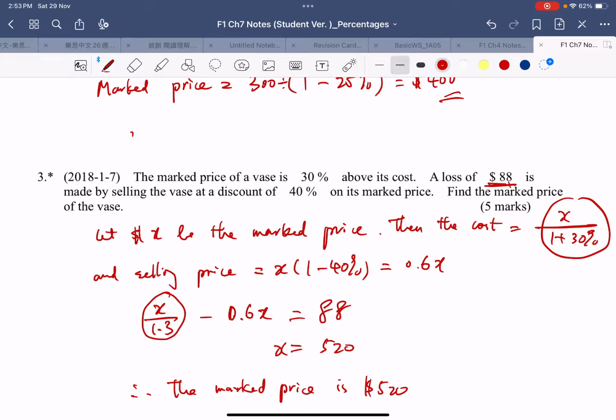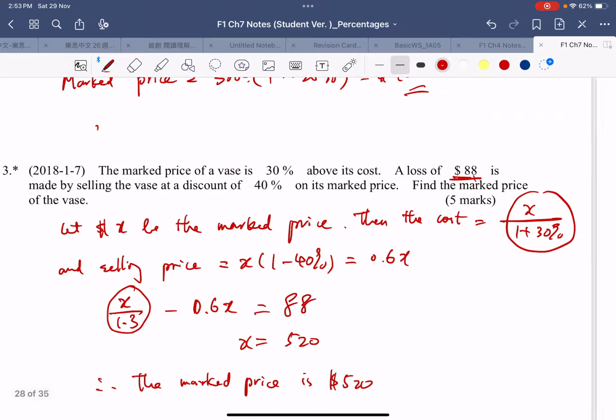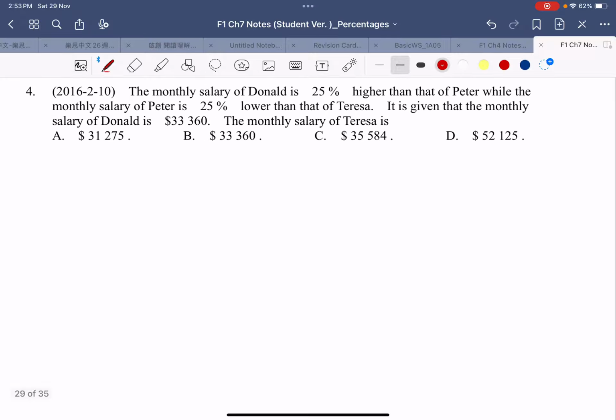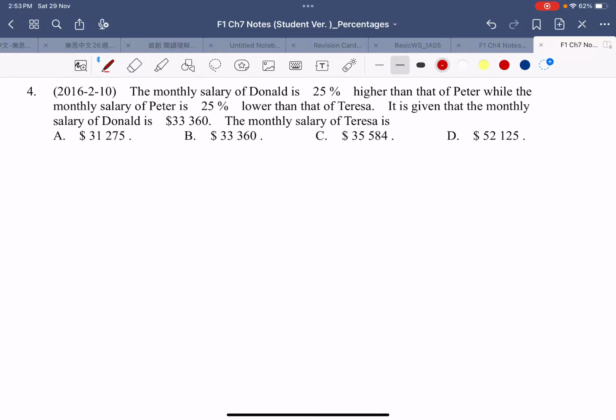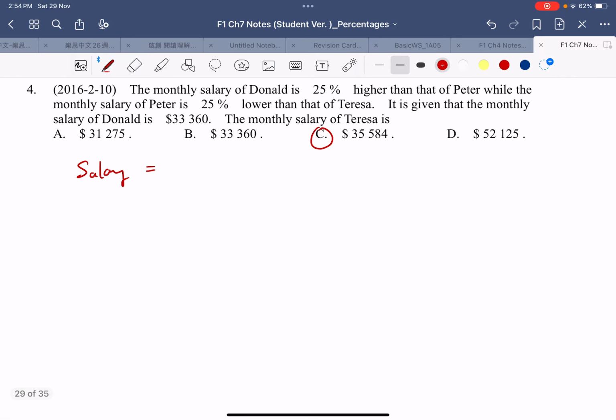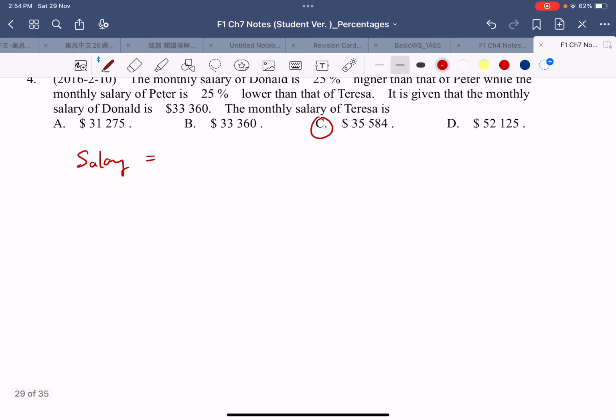Right. With many questions, so be quick. Answer is C, but how to find it? Teresa's salary equals two things.